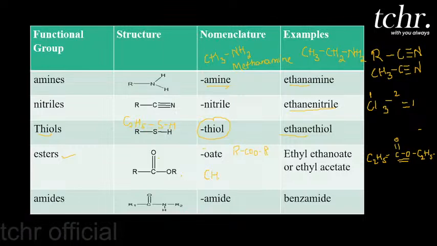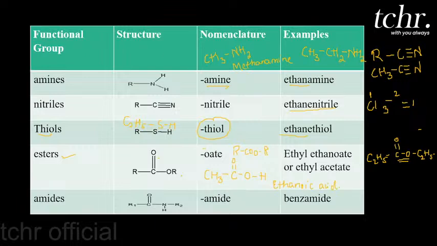One simple example of carboxylic acid is CH3 C double bond O OH. Now, how do you name this carboxylic acid, students? You name it as ethanoic acid. Correct? Two carbon atoms, so ethanoic acid.